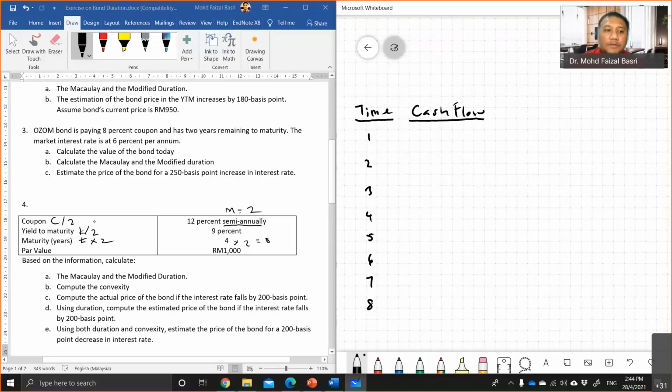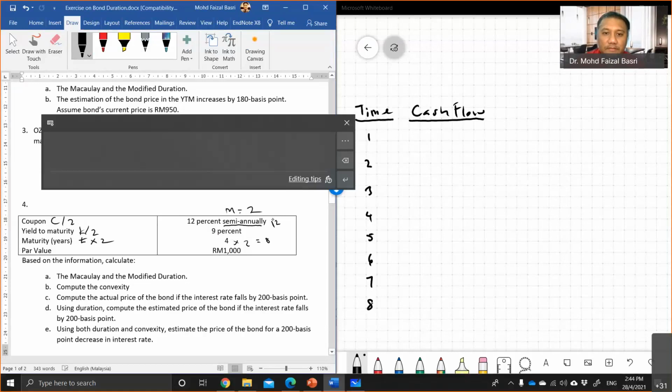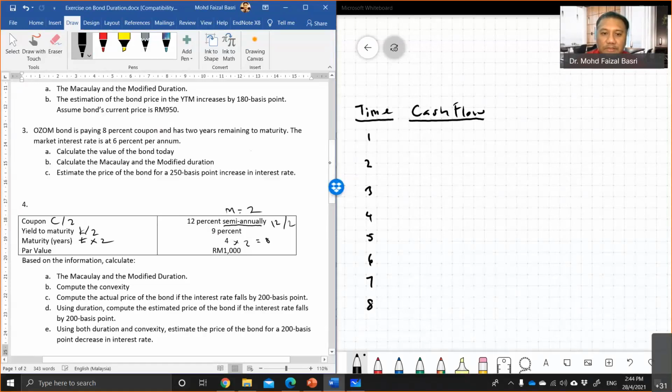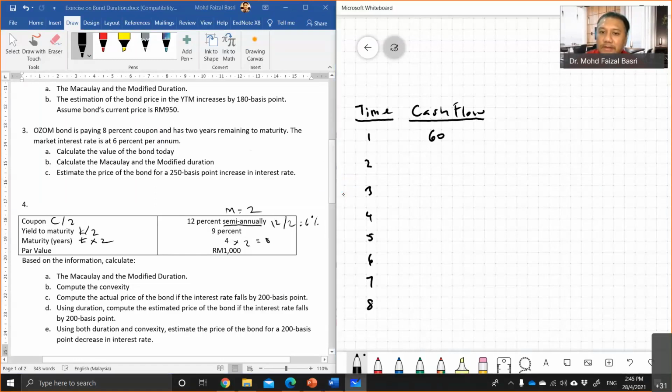The coupon is again 12% divided by 2, which is technically 6%. So 6% times 1,000 ringgit par value is 60 ringgit. This investment will generate 60 ringgit every period.